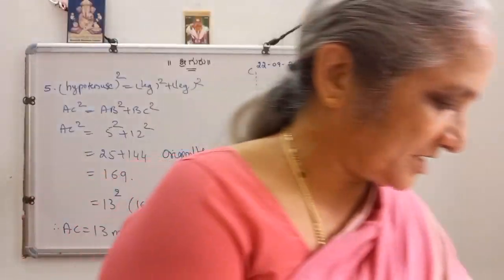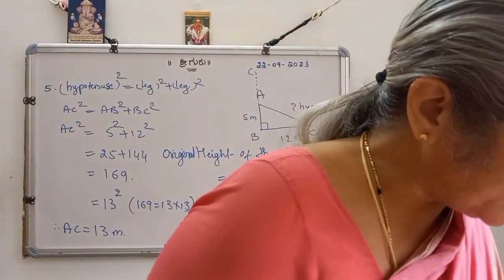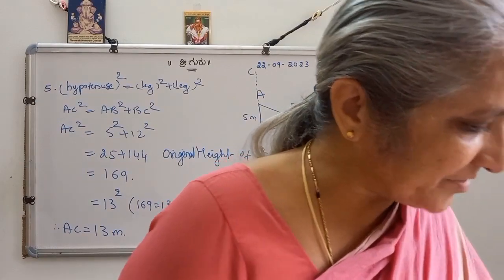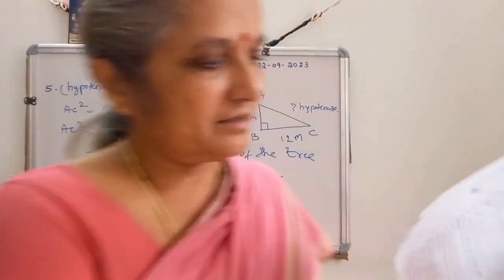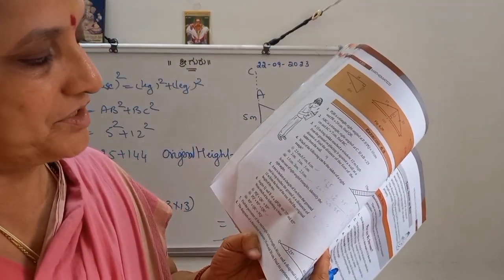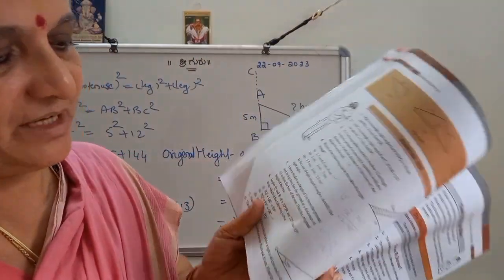Now the next question. Sixth one. Angles Q and R of triangle PQR are 25 degrees and 65 degrees. Write which of the following is true.